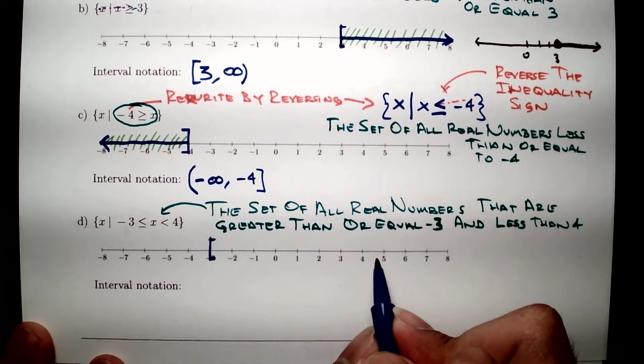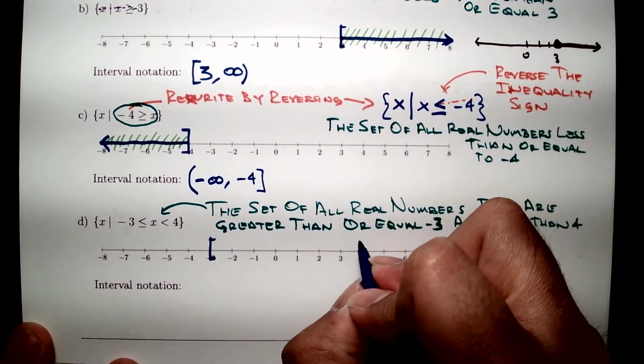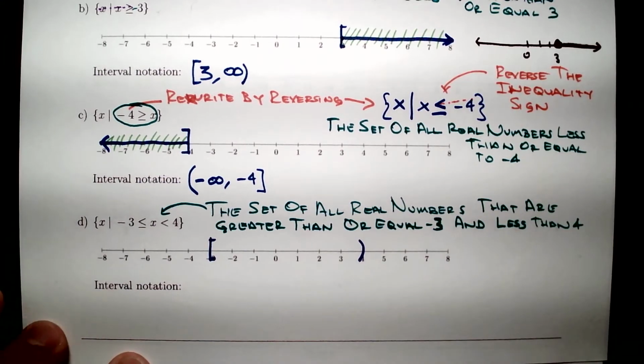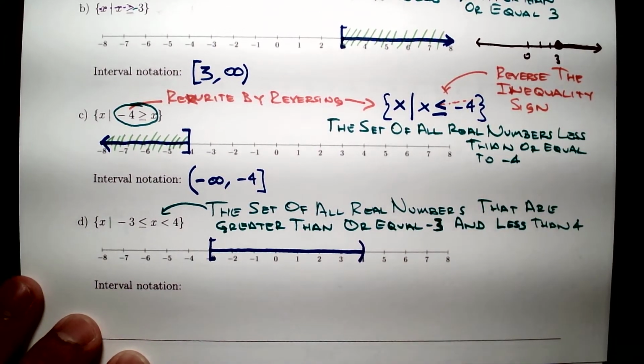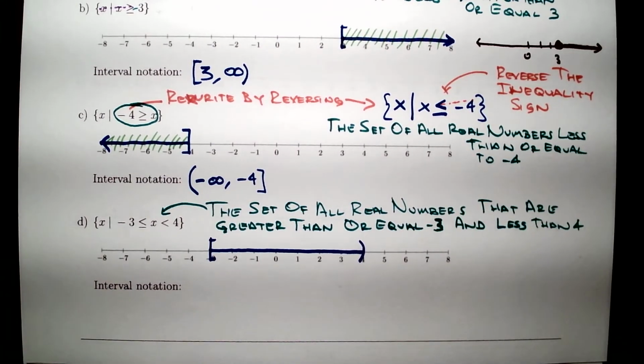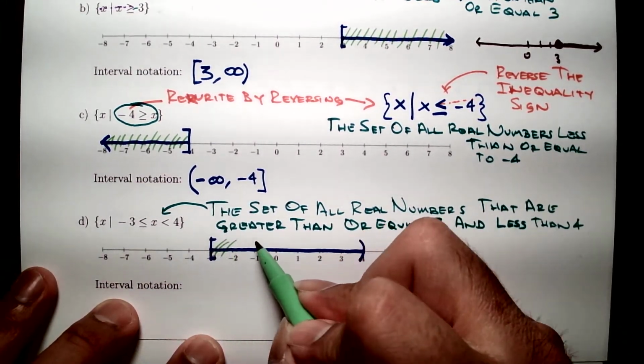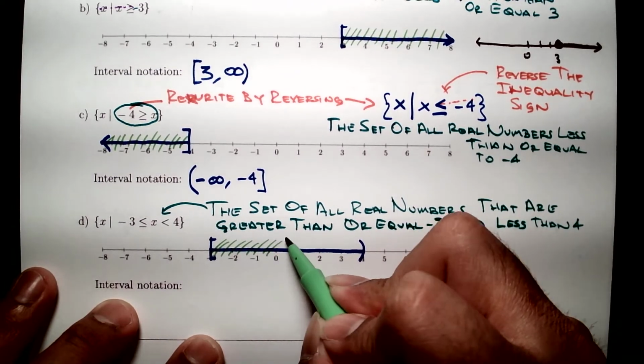And for the upper endpoint, we are going to have a parenthesis. Okay, so we are going to shade this using our highlighter or whatever you prefer.